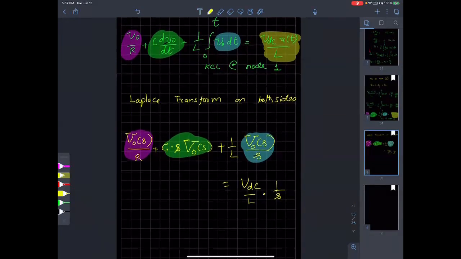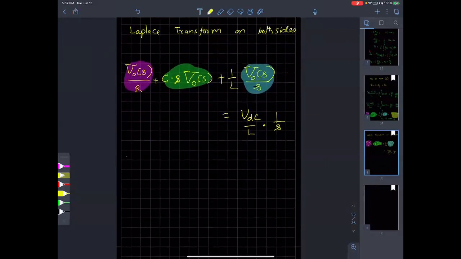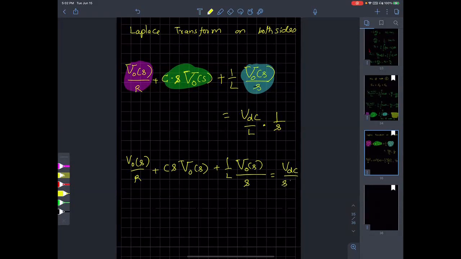Did I miss something here? Okay, let me write this equation again. V naught of S by R plus C S V naught of S plus 1 over L V naught of S over S equals VDC over SL.